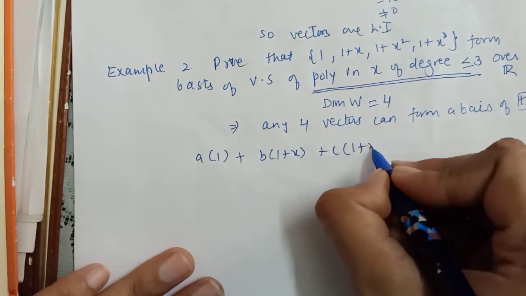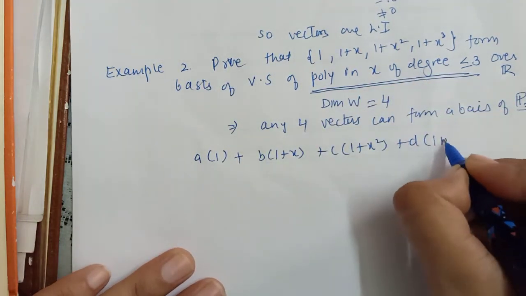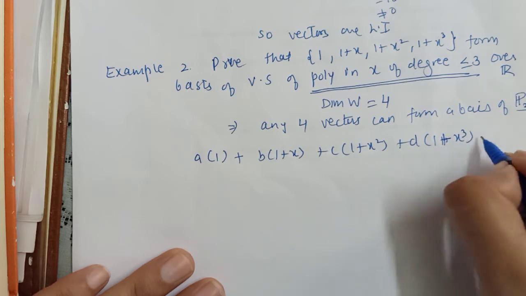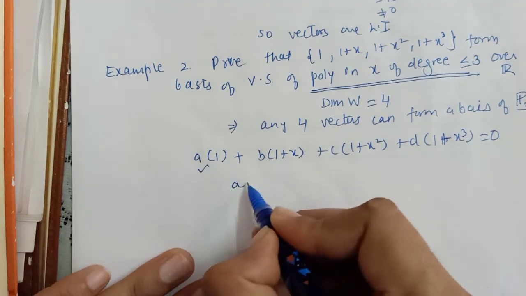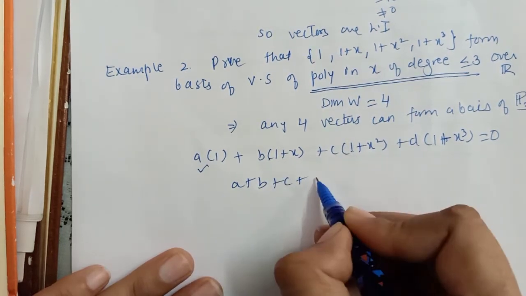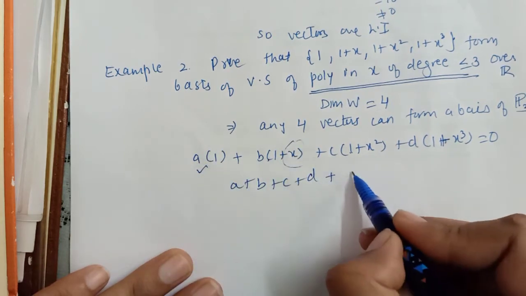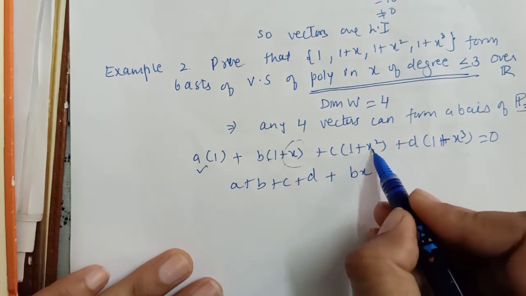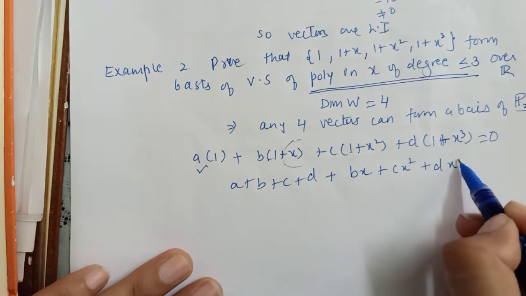I am writing a linear combination of these vectors: a times 1 plus bx plus cx square plus dx cube is equal to 0. So let us combine: a plus b plus c plus d, plus terms with x, so this is bx, terms with x square, plus cx square plus dx cube.